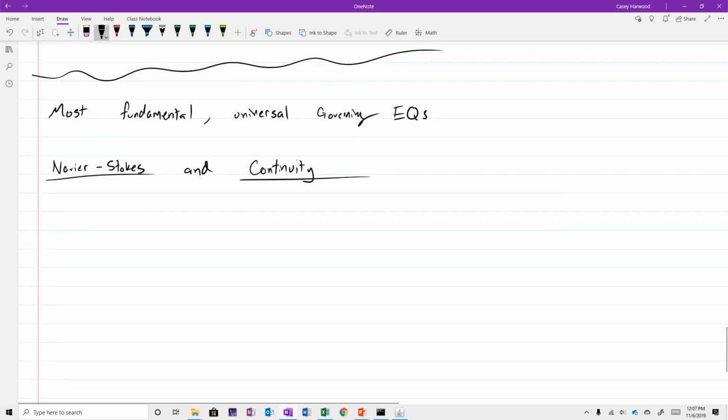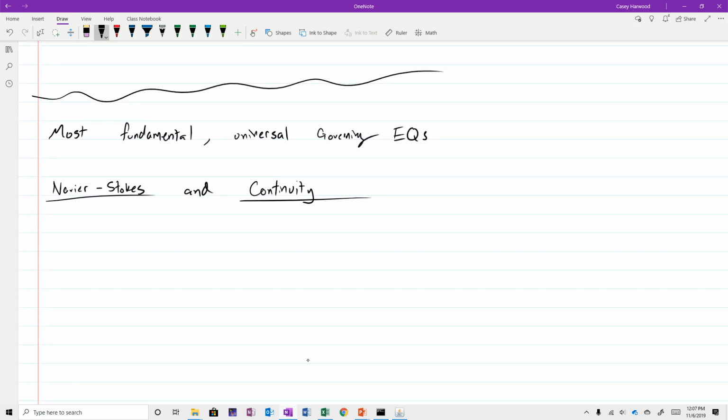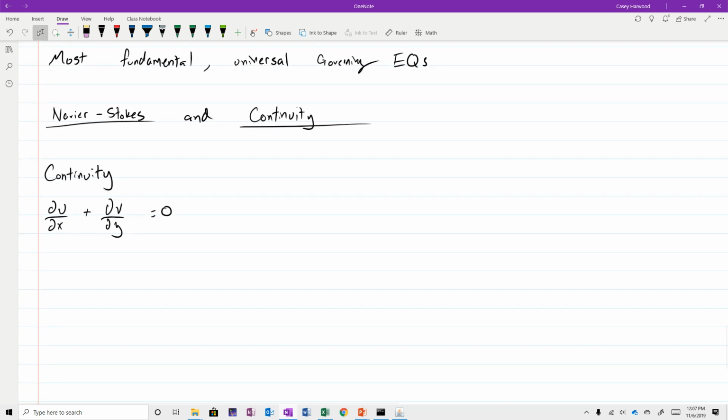So we're going to go ahead and quickly write these out one more time. I know we're getting tired of it. Continuity: du dx plus dv dy is equal to 0. We're only going to consider the 2D case here. And let's go ahead and consider the x momentum equation.